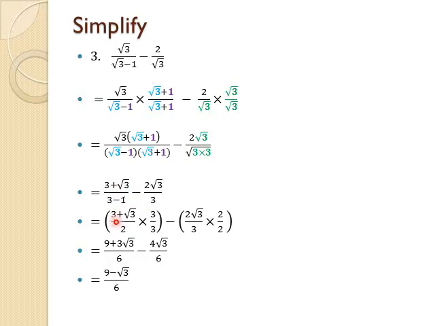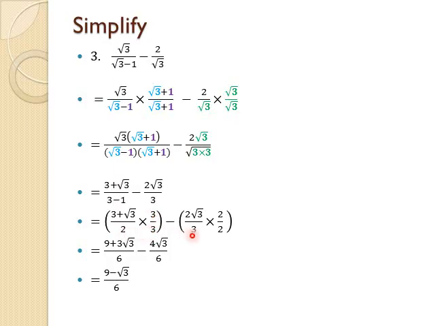Right, so if I simplify, I have 3 plus square root 3 over 2. And I have 2 square root 3 over 3. This fraction and that fraction, to add them together, the denominators here, the 2 and the 3, must be the same value. So I just swap the values around and multiply. So this 3 I take to this side and I say times 3 over 3.